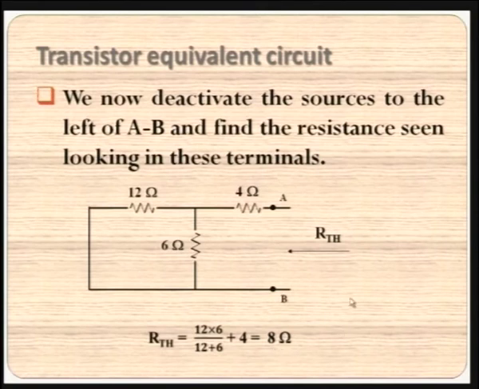Now we have found the 2 terms necessary for implementing the Thevenin circuit in the problem. We have found the value of ETH or VTH, that was 10 volt, and RTH is also calculated now, that is 8 ohm. Here we had only the voltage source, which was short circuited.